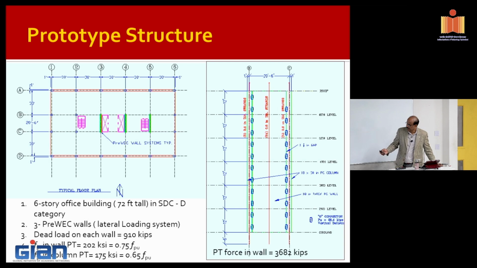Now, in the transverse direction, she calculated the force. Let's assume that force was 1500 kilonewton in the transverse direction. And by the time she came up with the wall dimension, you can see the wall goes from this center line to that center line of the members. So the wall is going from here to here.